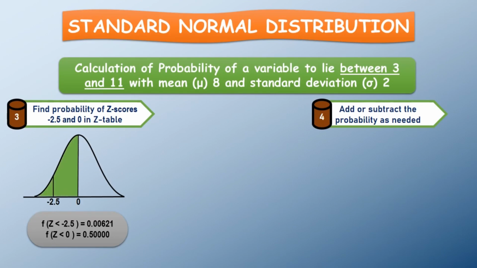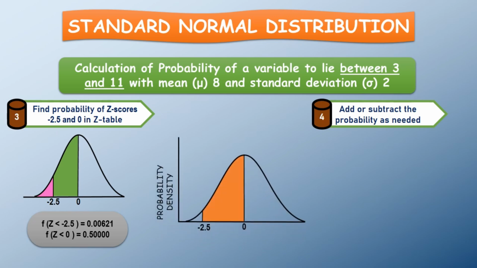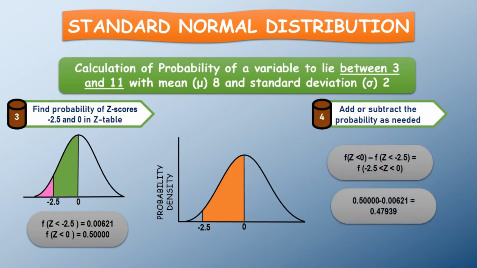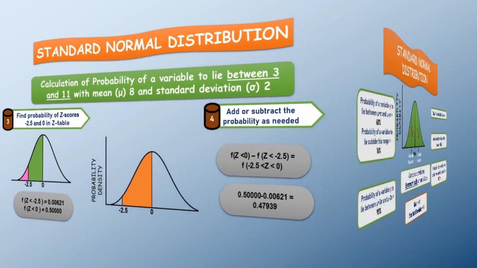Again, green area is for probability less than 0 and pink area is for probability less than minus 2.5. Now since we did not get the required area, we go to step 4. Here we will subtract the probability values of both the z-scores to get the desired area. But in this example, there is another way.